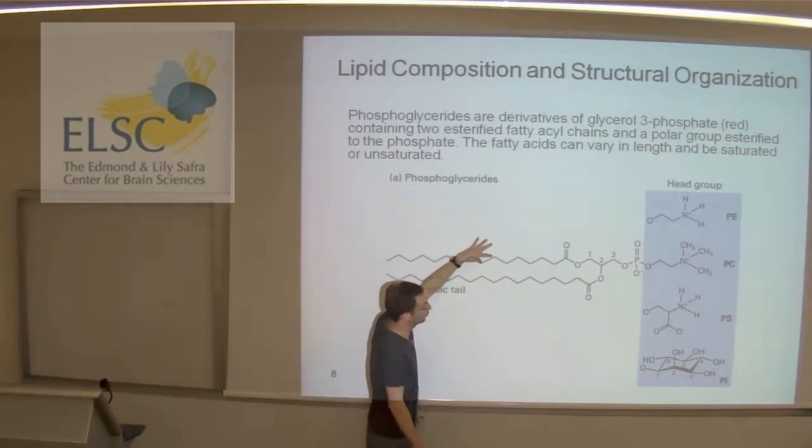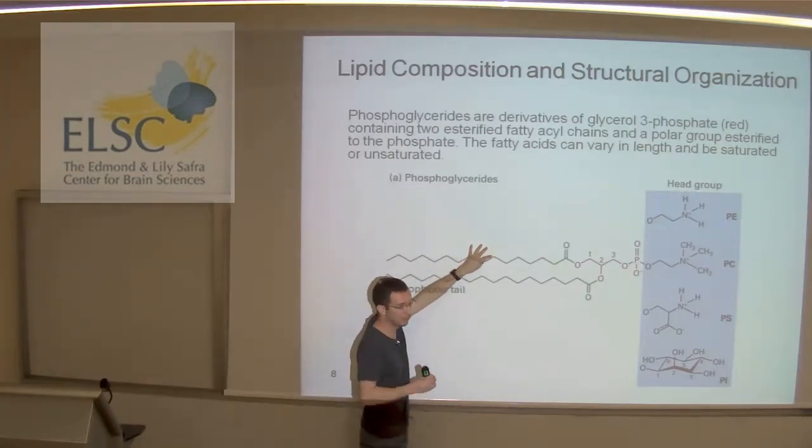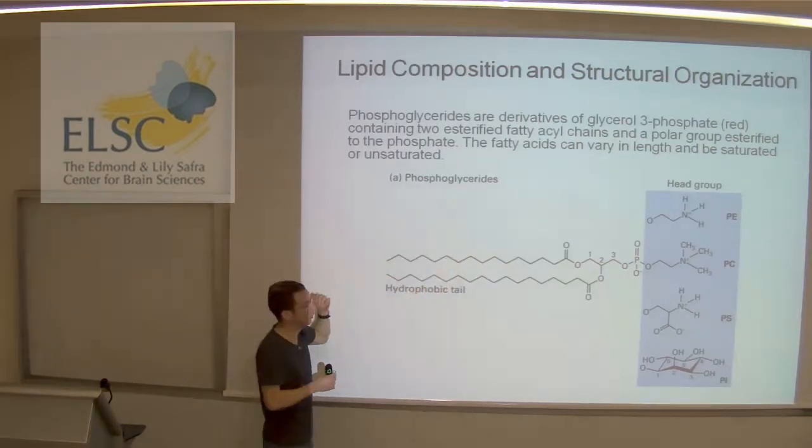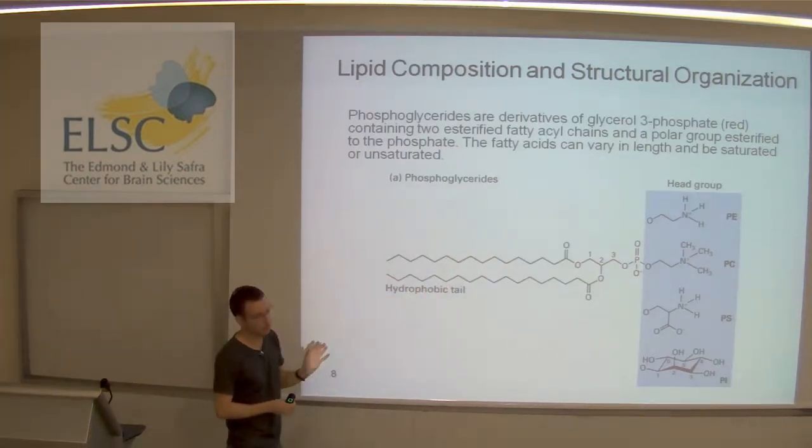This double bond also introduces a rigid, stable kink or bend in the tail, so the structure is no longer linear.